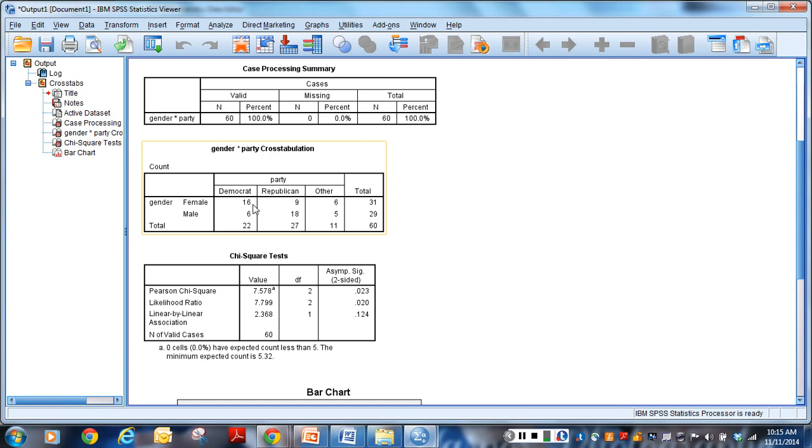We actually have 16 females who are Democrat, 9 females who are Republican, 6 females who fall in the other category, 6 males are Democrat, 18 males are Republican, and 5 males fall in another political party. So each one does have at least 5, so our assumption has been met.